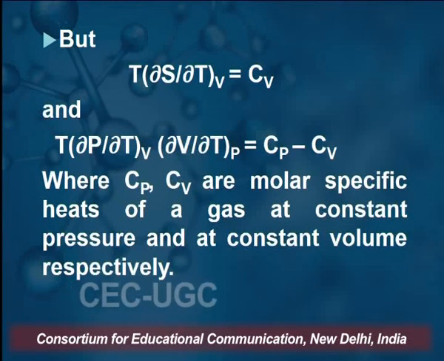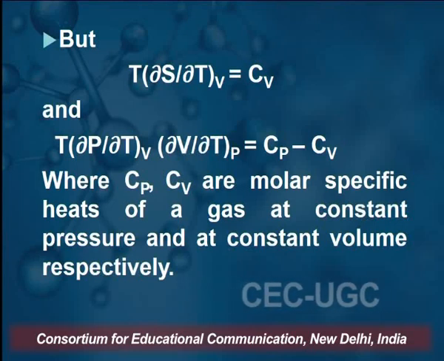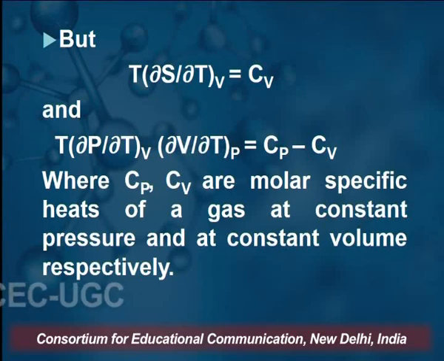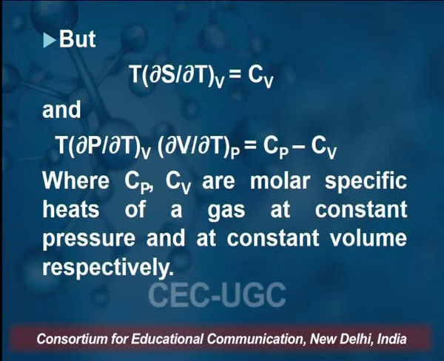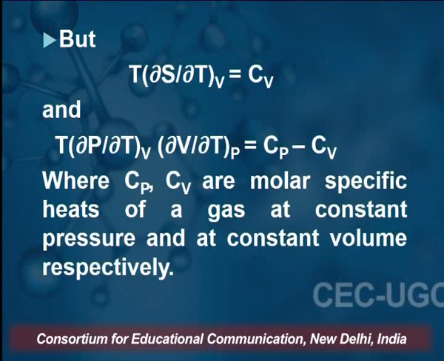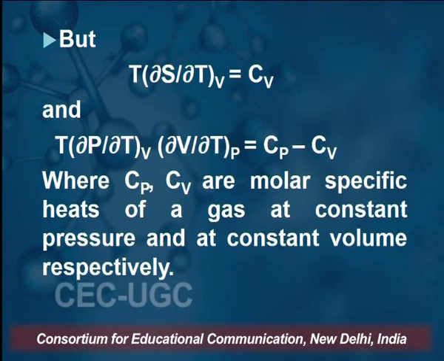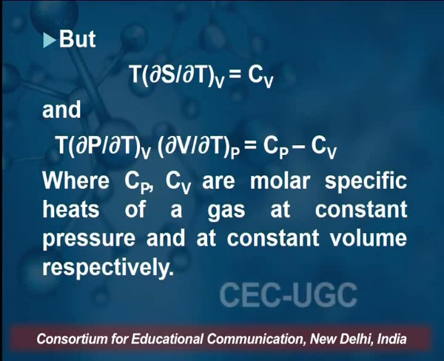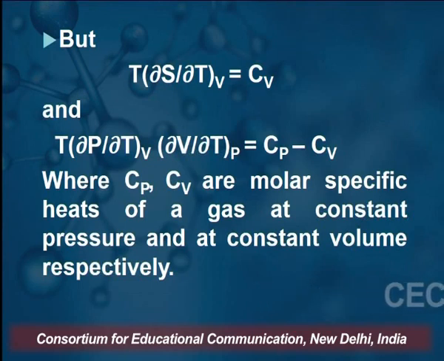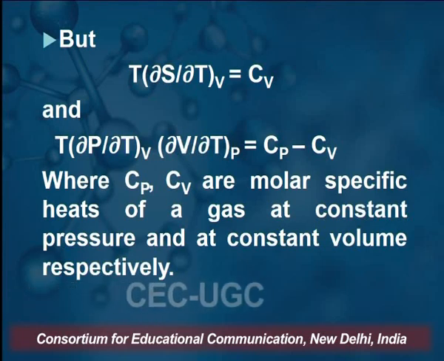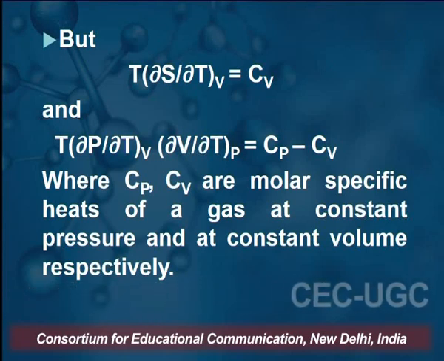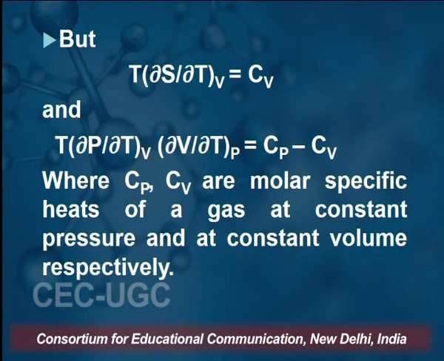But T ∂S/∂T at constant V is equal to Cv. Why? Because T dS is equal to dQ, and dQ by dT at constant volume is defined as specific heat at constant volume and is represented by the symbol Cv. Further, in my last lecture, we had seen that T times ∂P/∂T at constant volume into ∂V/∂T at constant pressure is equal to Cp minus Cv.